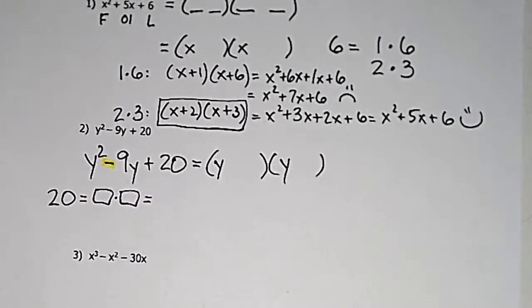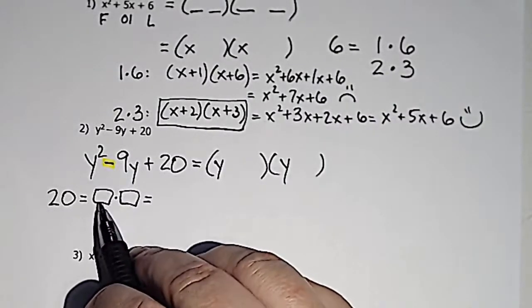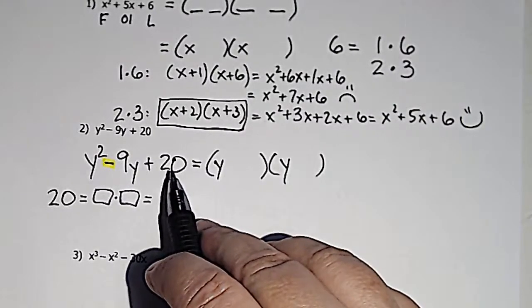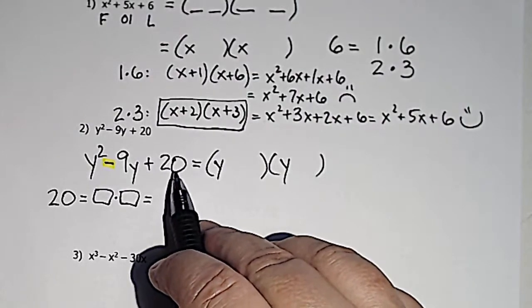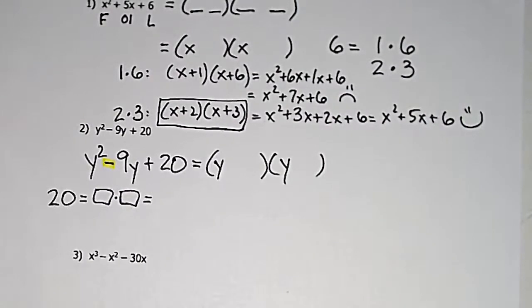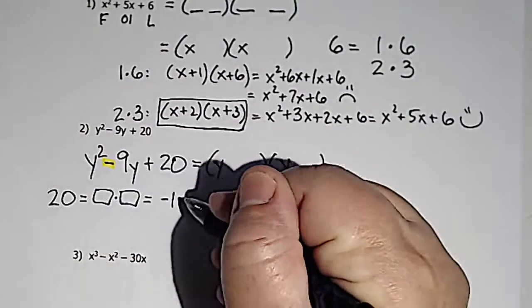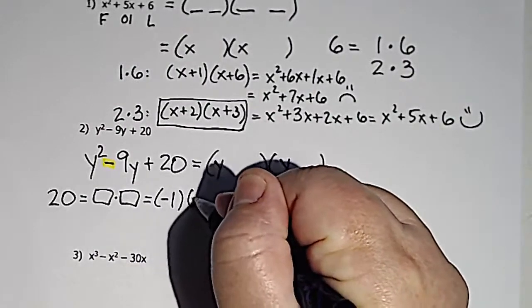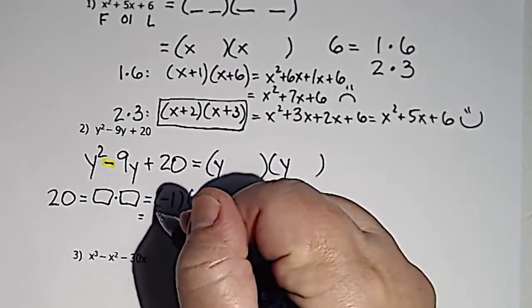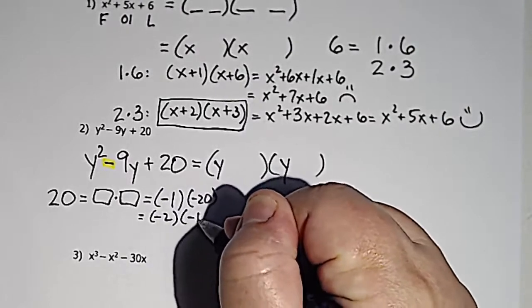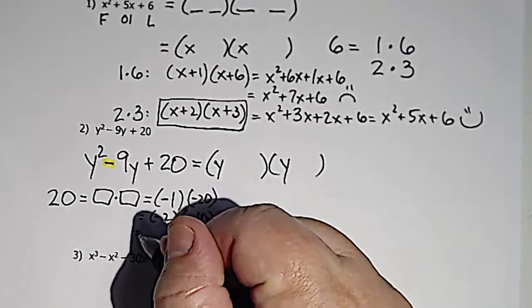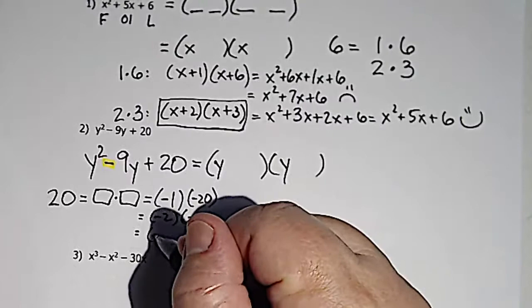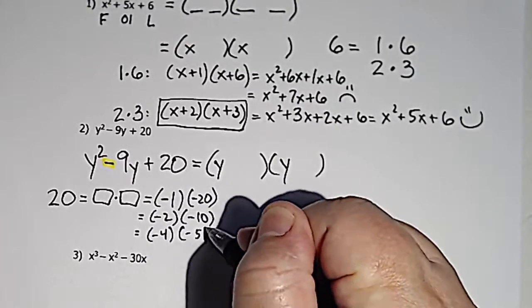Well, I think about it, and if at least one of them has to be negative but I end up with a positive number, they both have to be negative. This is going to be two negatives. So negative 1 times negative 20, negative 2 times negative 10. Let's see what else makes 20. Negative 4 times negative 5.